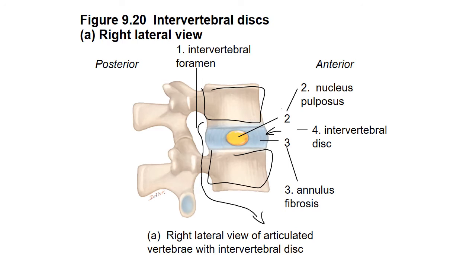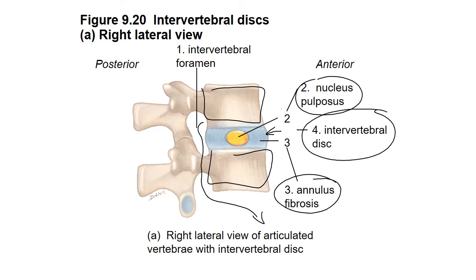Anyway, we have the annulus fibrosus, the outside of it, and the nucleus pulposus is the inside of the intervertebral disc. And you can also see that the superior articular process here is articulating with an inferior articular process of the vertebrae above it.